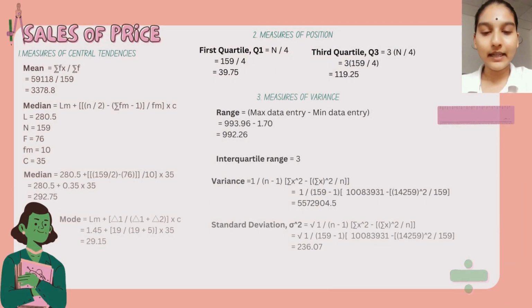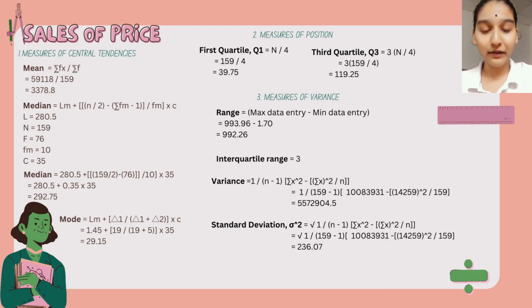Next is the sales price. In the measures of central tendency, we have the mean, which is 365.86. The next is the median, 292.75. The mode is 29.15. Next is the measure of position. The first quartile Q1 is 39.75.